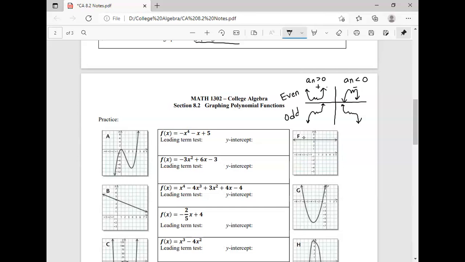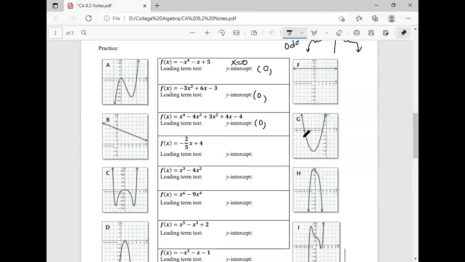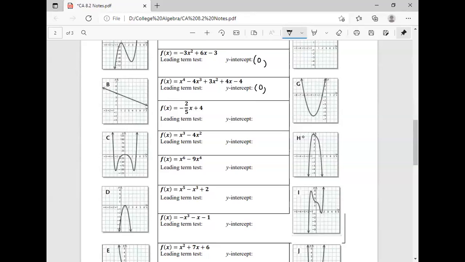We talked about that on Monday. Another thing that we did is we talked about how to find the y-intercept really easily. So basically we said, okay, if you want the y-intercept, then x is equal to 0. So every single one of these will be 0 something all the way down, because for the y-intercept, x is 0. We can go ahead and just jot that down.